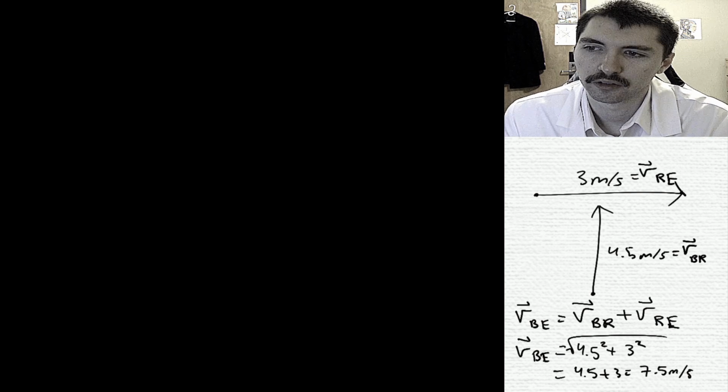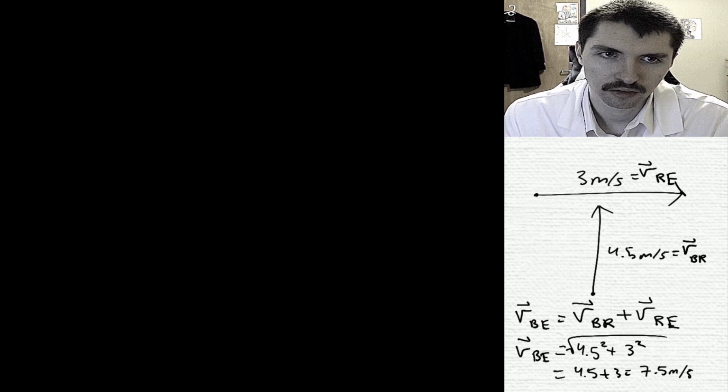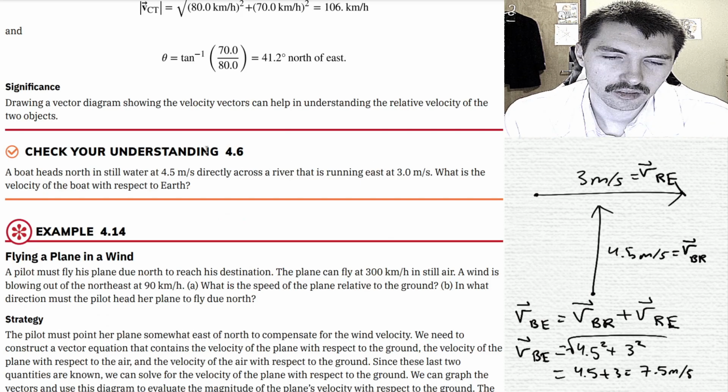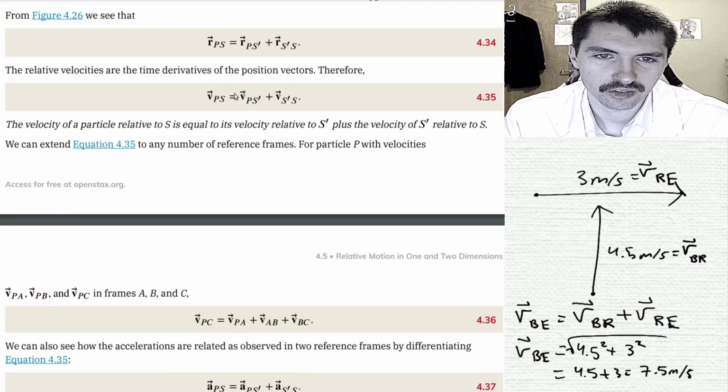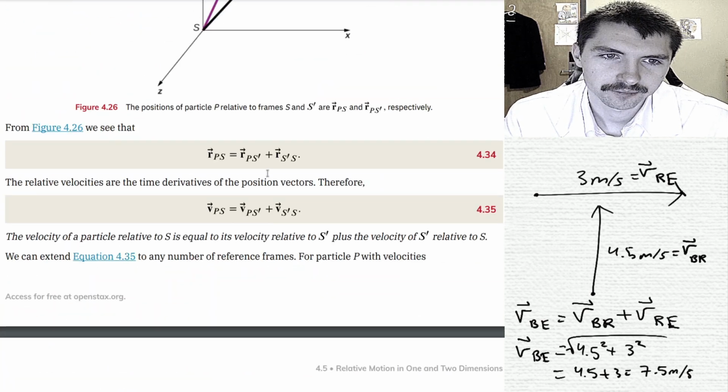Okay, so the book's favoring the dot product. I think these definitions are kind of misleading. It really should be, because this is a hypotenuse, basically. What this is saying is this is a hypotenuse on the left side of the equation, and these are the components of a right triangle.